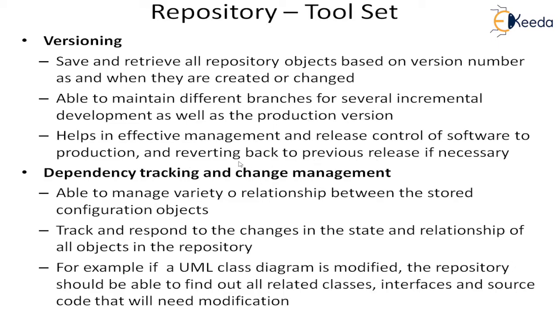That means the previous version will be reverted back and the current one will be moved out. So this kind of capability, versioning capability, releasing capability, creating branches, they are all part of the versioning, and you need to have a tool set which will be capable of doing this kind of service for the repository.